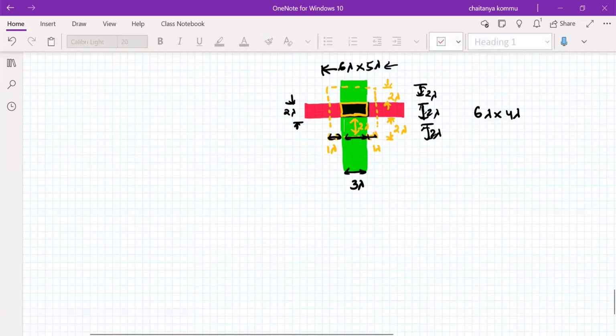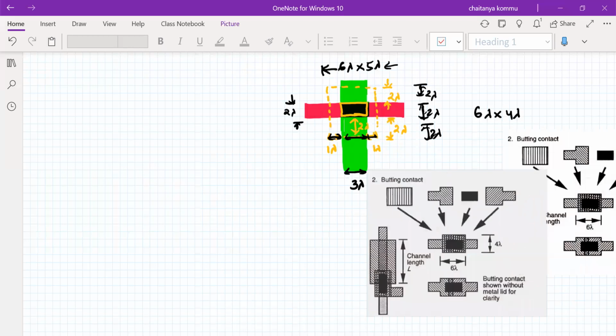For the sake of reducing the time, I'm doing it this way. So this is how we do it.